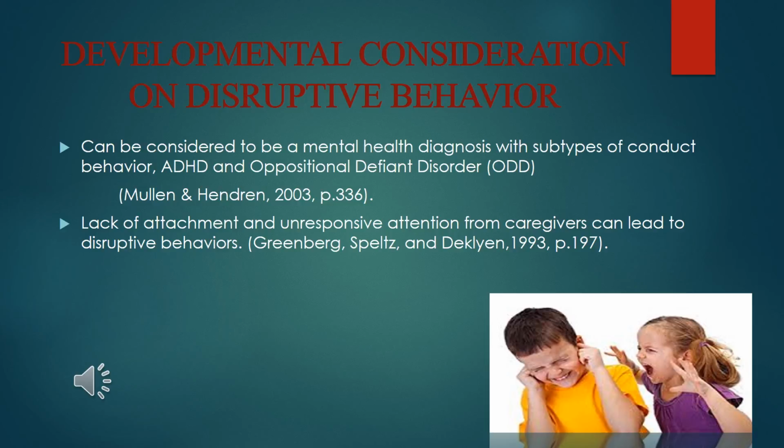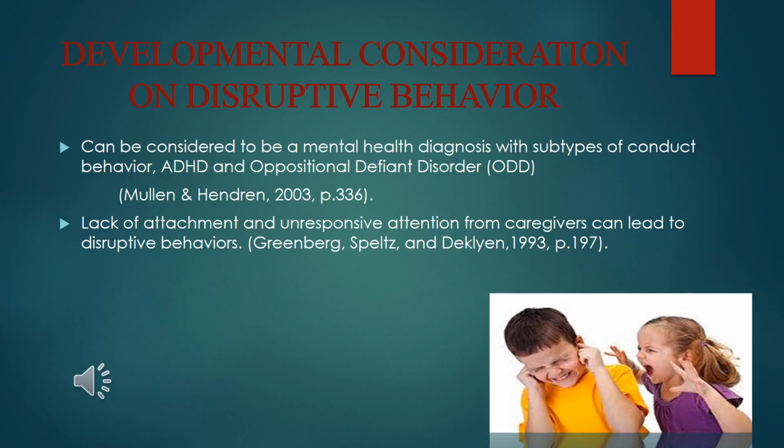Based on an article I also read titled The Role of Attachment in the Early Development of Disruptive Behavior Problems, the authors conducted a study using the attachment paradigm, and they found that a securely attached child is less likely to exhibit disruptive behavior than an insecurely attached child.